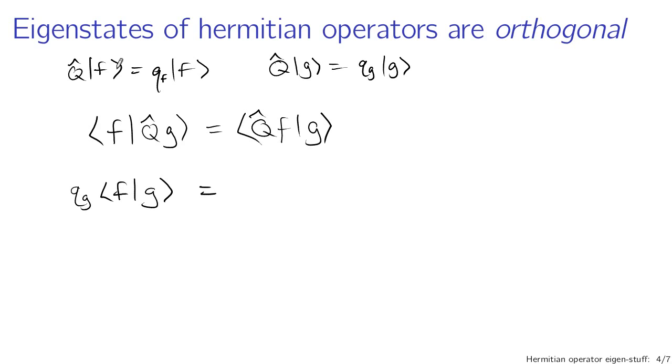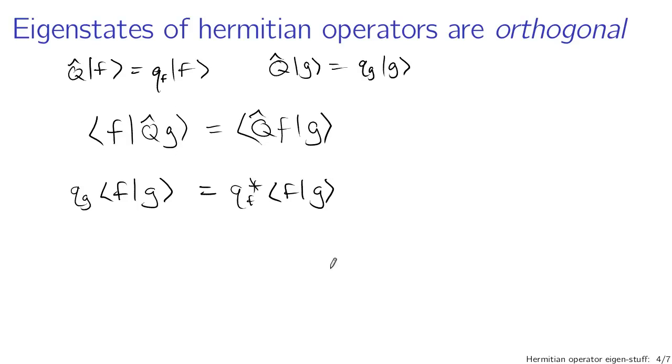And qf on the left, we've talked about how to do that sort of thing on the last slide. This is just the complex conjugate of this sort of thing. So this is going to give me qf, complex conjugated, times the inner product of f and g. Now, this looks a lot like the sort of expression we were talking about before, but in the case of showing that the eigenvalues were purely real, we were working with the state f and itself, not the state f and some other state g.